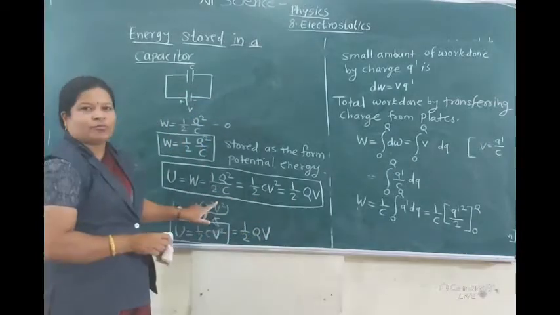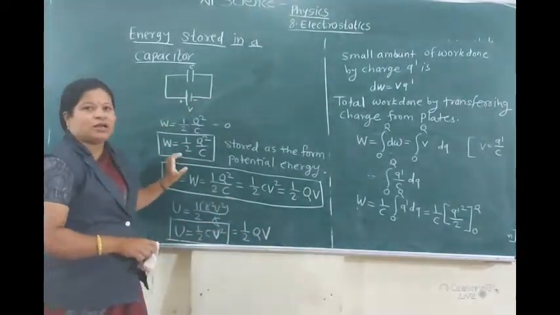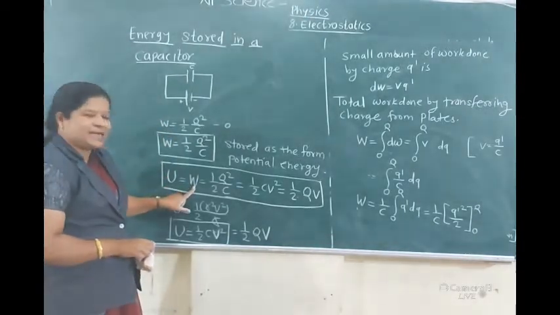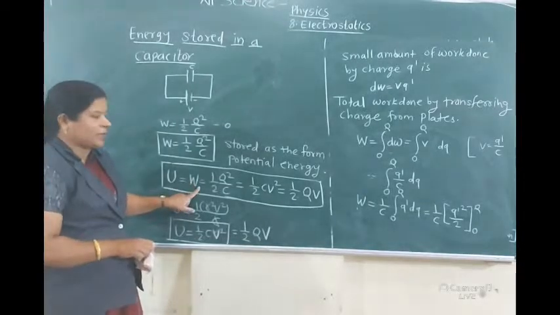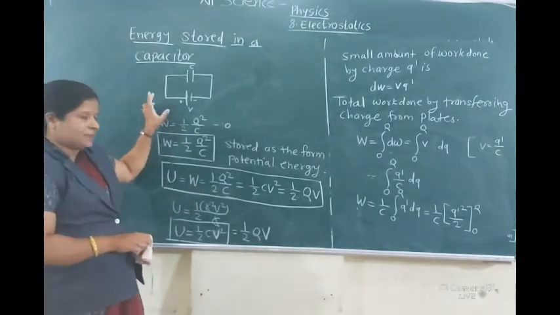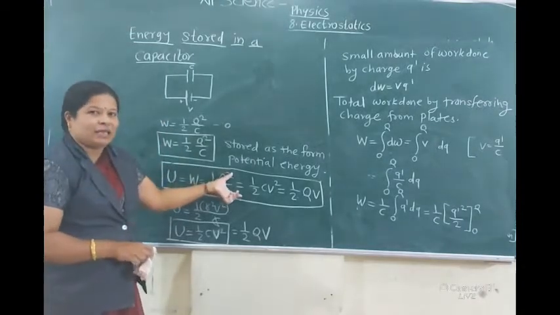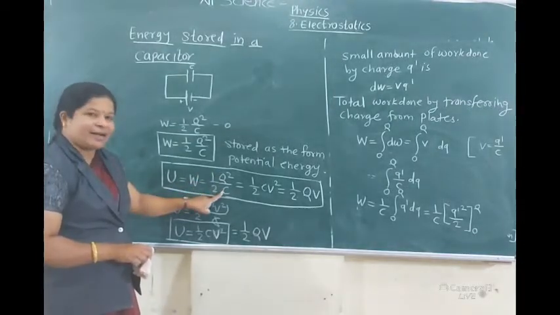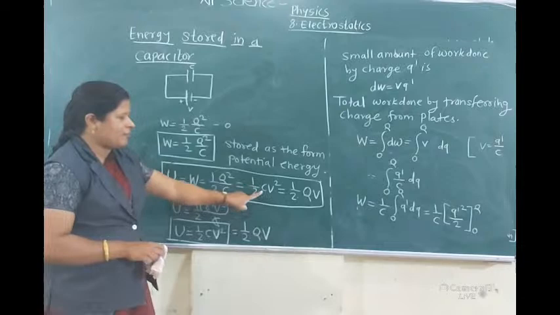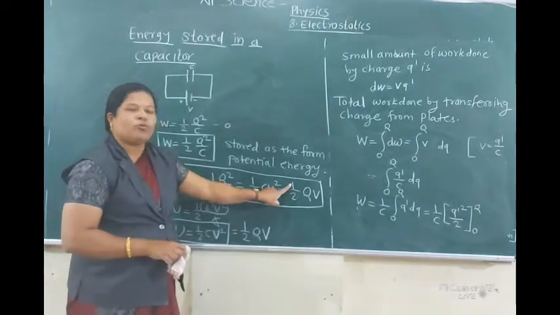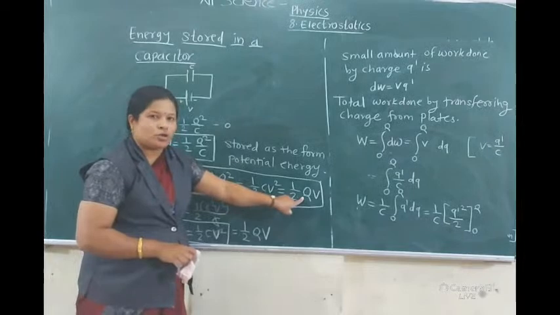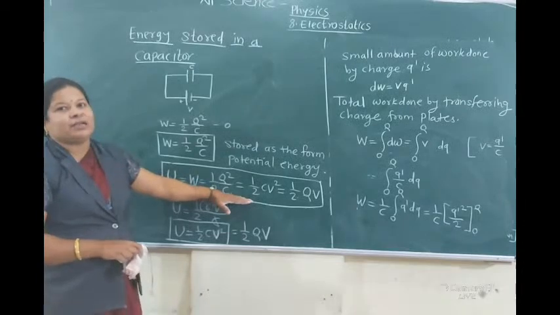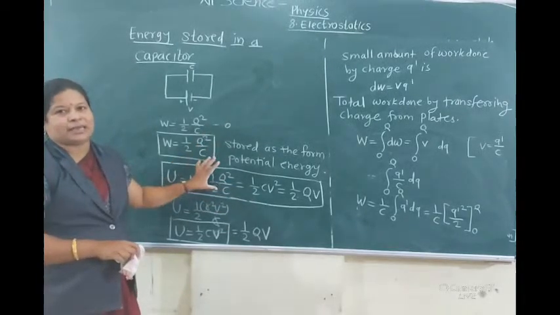This formula is important for the exam. A 2 marks question may be asked to derive this potential energy, or to find the potential energy of the capacitor. We get different formulae for the potential energy: U is equal to 1/2 Q square divided by C, which is equal to 1/2 C P square, which is equal to 1/2 into Q into P. This is the last point of this chapter, electrostatics.